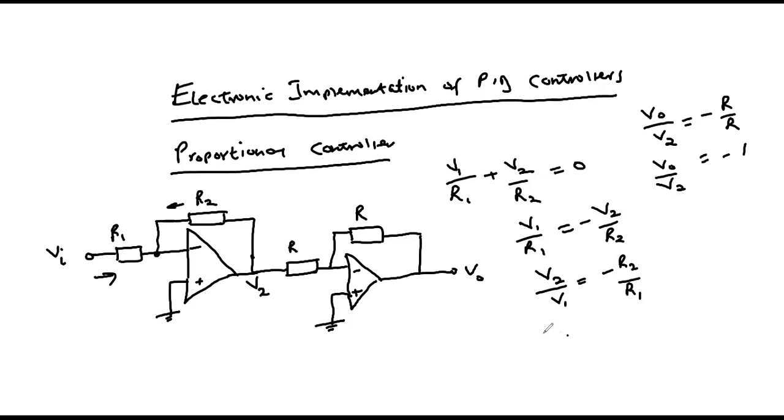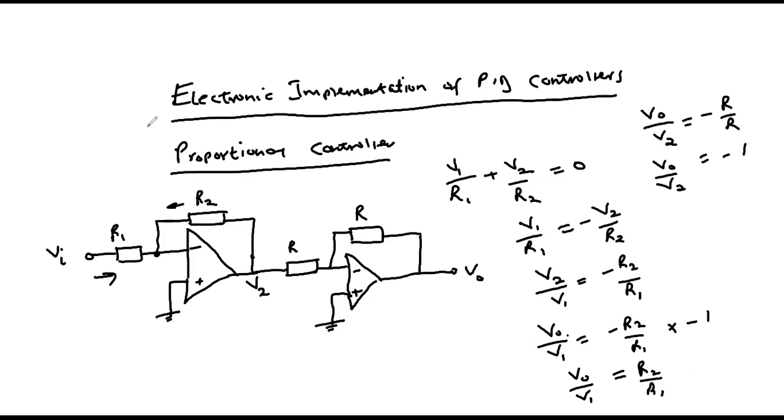And the total gain, V out over VI, will be equal to negative R2 over R1 multiplied by negative 1, which is R2 over R1. And this is our V out over VI. This will be a constant which depends on the values of the resistors R1 and R2.